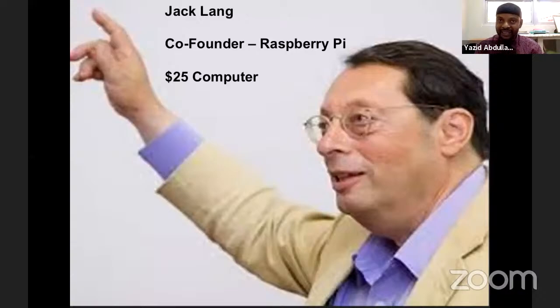And when they did that, just before they launched it, they happened to know someone that works with BBC, and he wrote an article about them saying that these entrepreneurs, Jack Lang and his colleagues, have invented the world's cheapest computer.